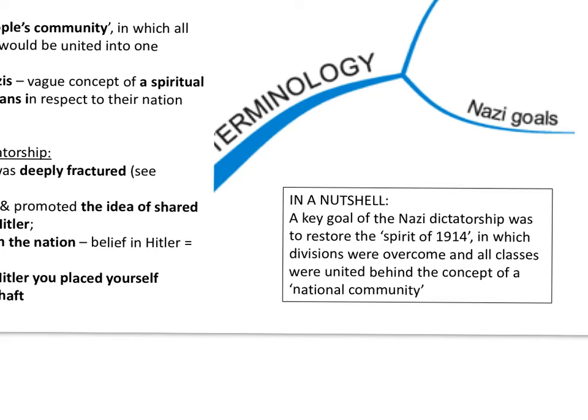Germany had been a deeply divided community in the years up to World War One. We did that way back at the beginning of year 12, with the growth of the social democratic movement and the fears that generated, and the social divisions that existed in the first years of the 20th century. Then suddenly an announcement was made, we're at war with Russia and France, and people forgot their differences. What war did was create unity.